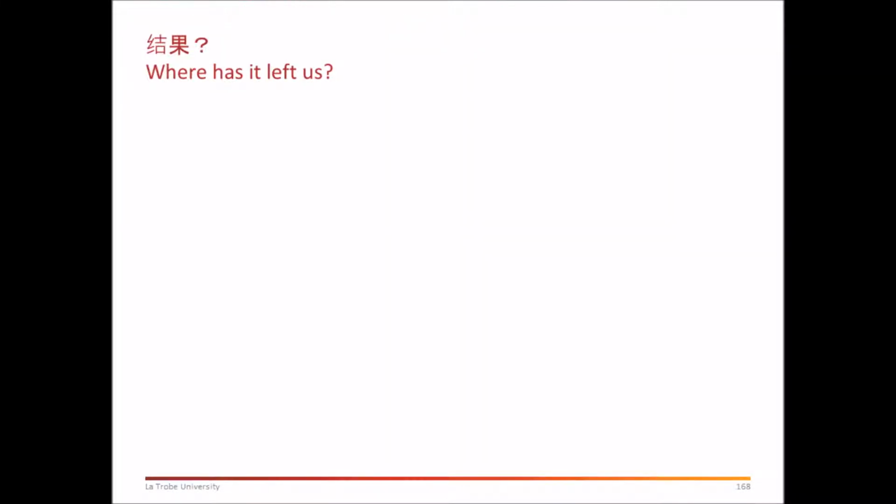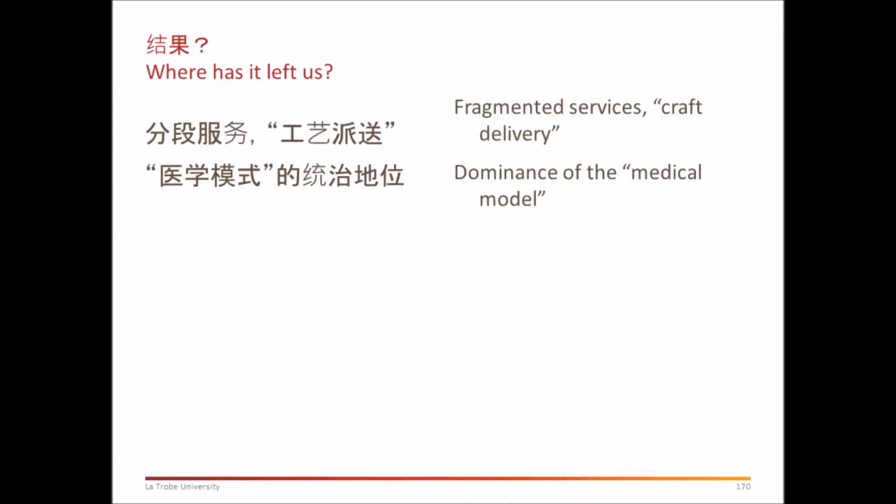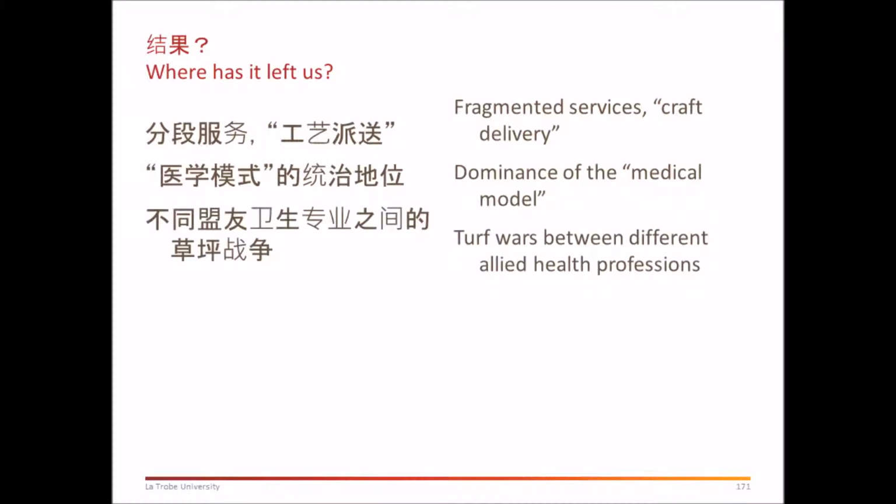So where has this left us? Well, it has left us with fragmented services and what's often called craft delivery, according to different health professions. We have the dominance of the medical model. The political power of the medical staff has been zealously guarded, and there are often turf wars between the different allied health professions about who is responsible for doing what.